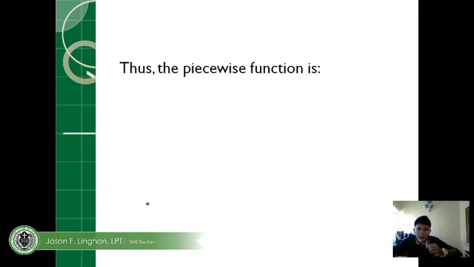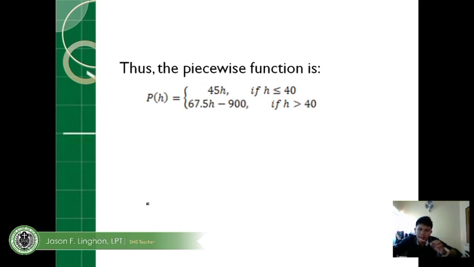Thus, the piecewise function is P of h represents the weekly pay. It is equal to the piecewise function of 45h if h is less than or equal to 40. No? Kapag yung oras mo is less than or equal to 40, meron kang equation of 45h.